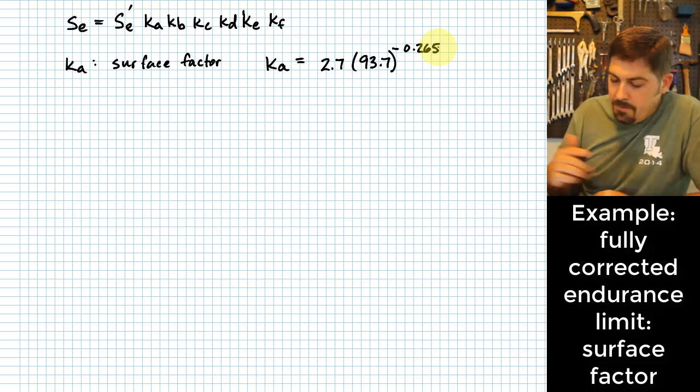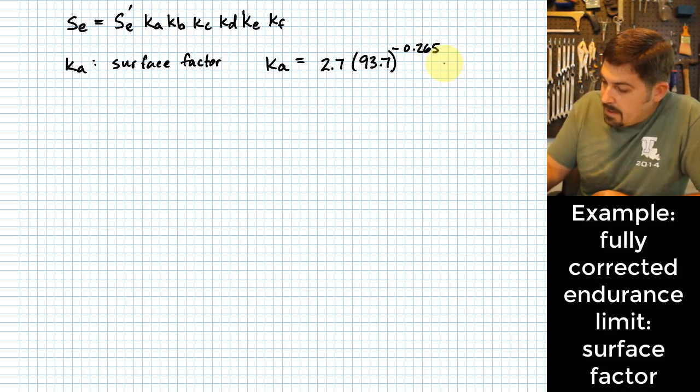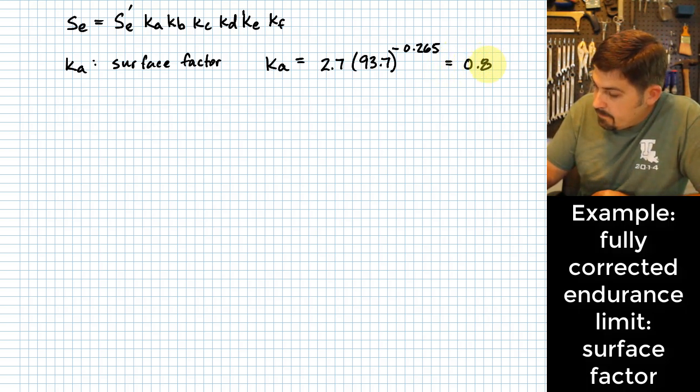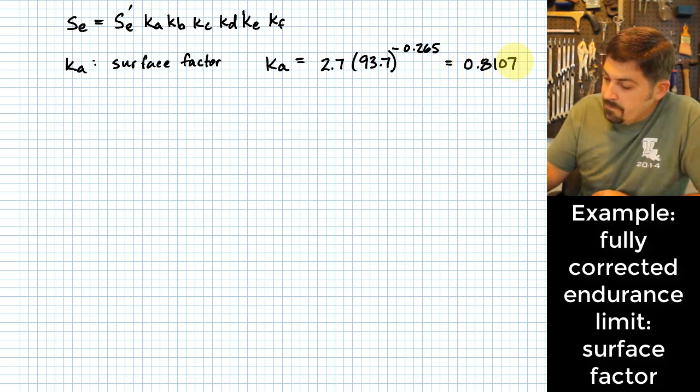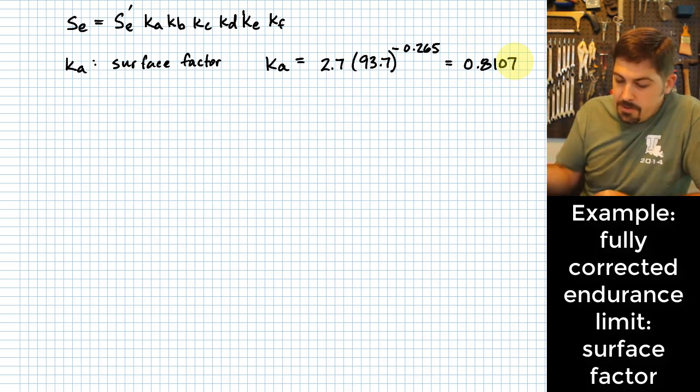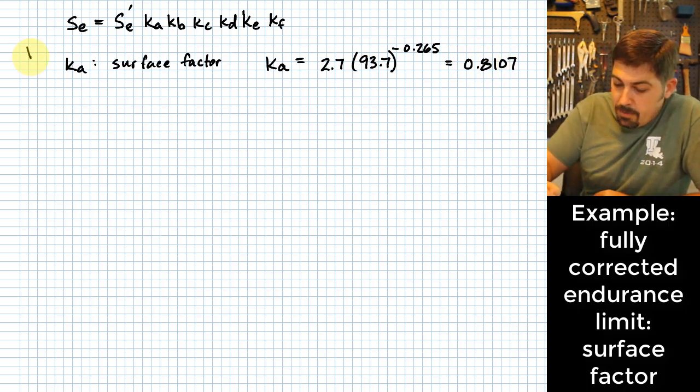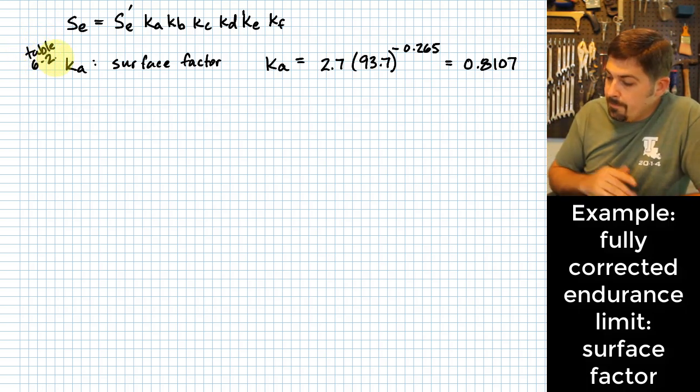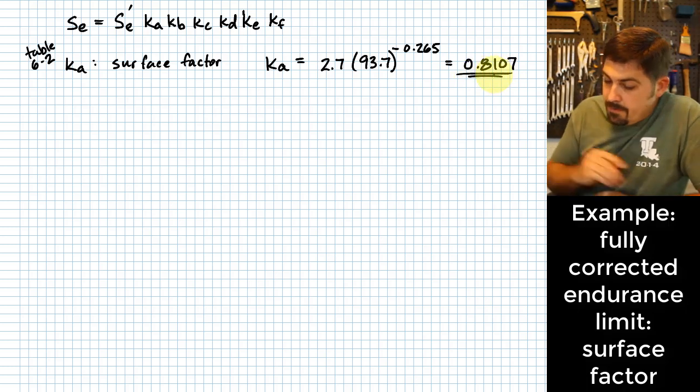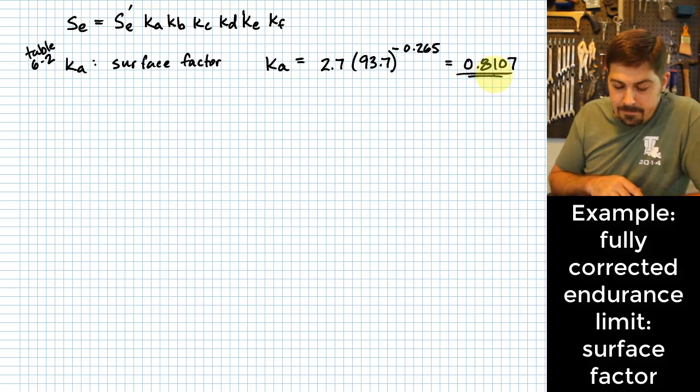Okay, and if you plug all of those in, then that surface factor value ends up being 0.8107. Okay, and I'll just write over here, look at table 6.2 in the book. All right, so there's one of our values that we might care about.